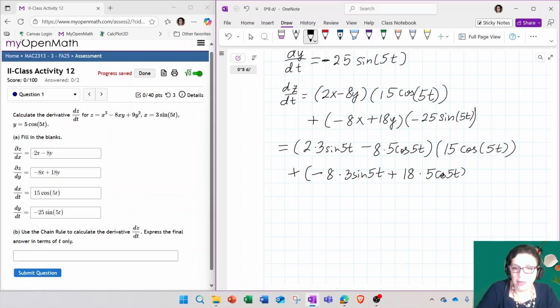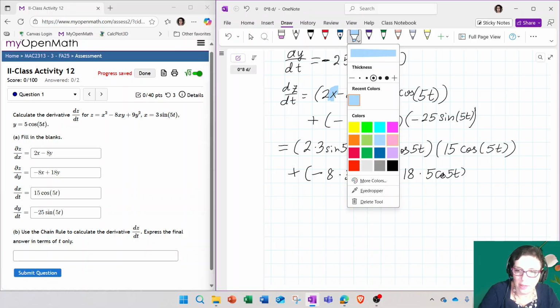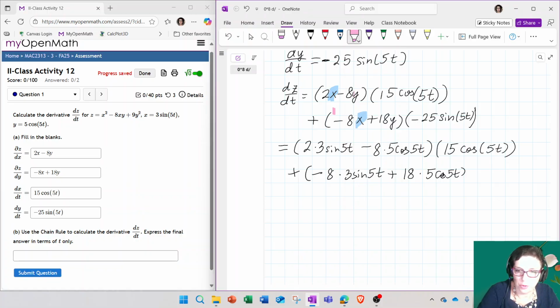Okay, so what did I do? Instead of x, I plugged in what it was, 3 sine 5t, where I saw it, here and here. And instead of y, I plugged in whatever it was, 5 cosine 5t, here. And that's how I got this. But hold on one second, I still also have that negative 25 sine 5t.